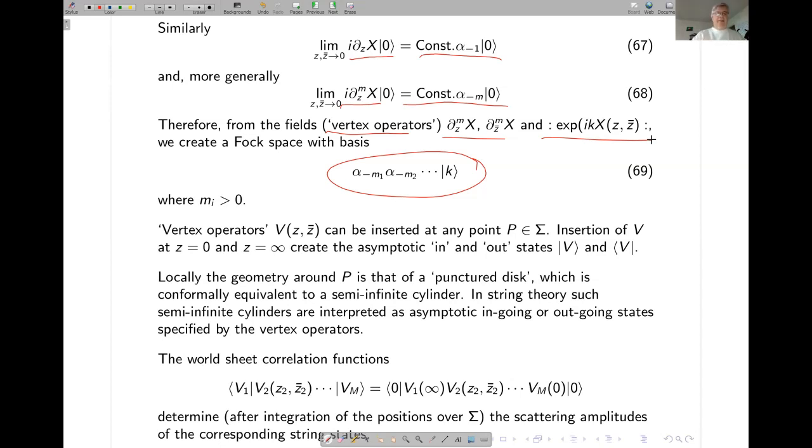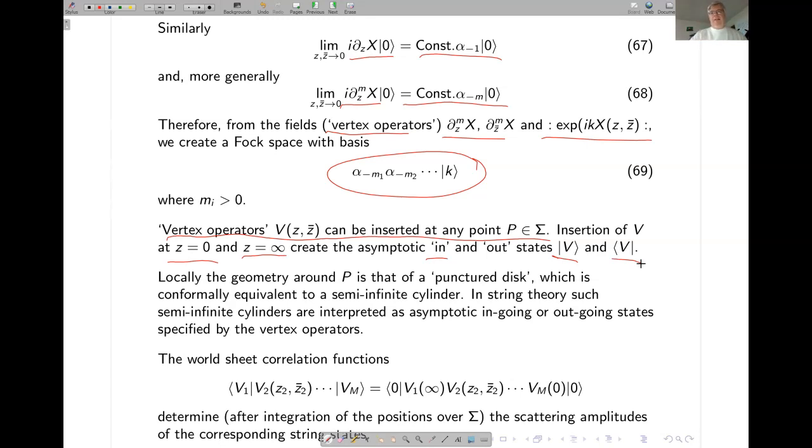What we have gained is that now with these vertex operators, we can create the states at arbitrary points in the worldsheet. In this formalism, we can think about states at the origin as, say, an incoming state in a process, ket v, and correspondingly states at z equals infinity as an outgoing state, bra v.